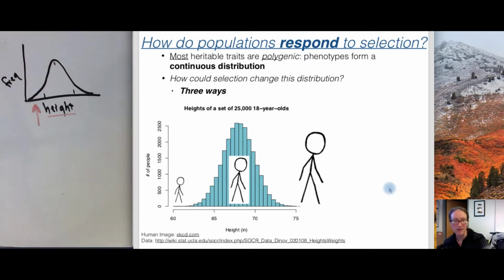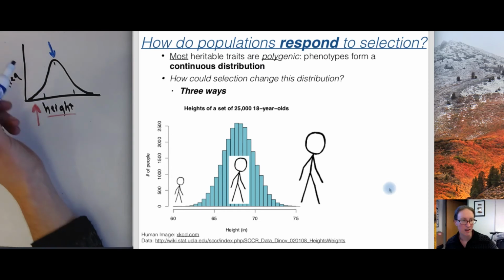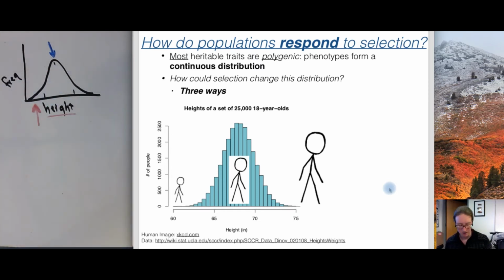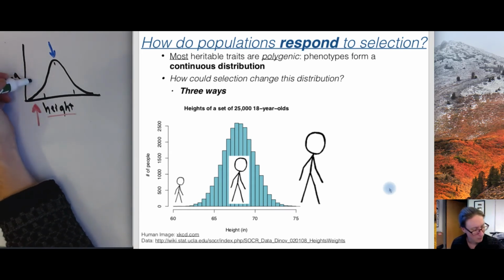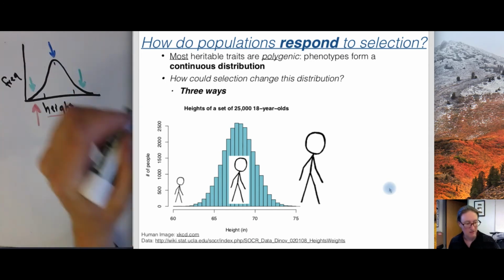It could also be that selection acts against the average here. So being average isn't always a good thing. Or it could be that selection might act on both of these extremes at the same time.